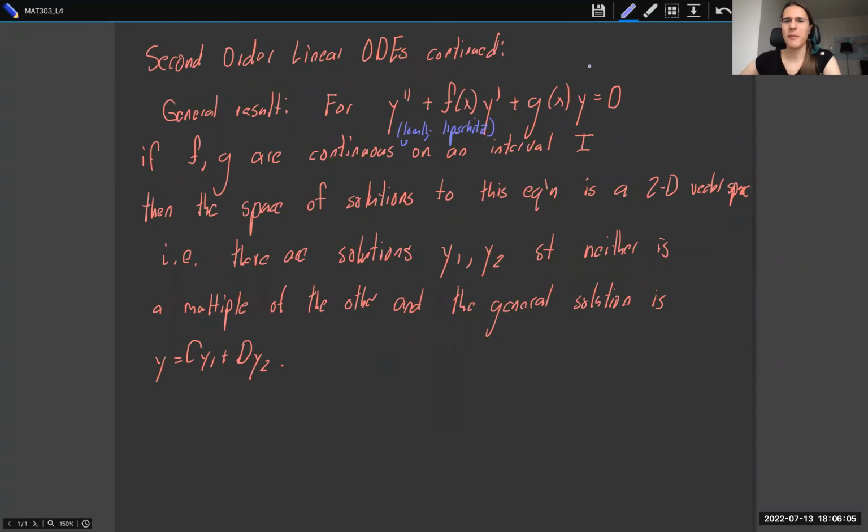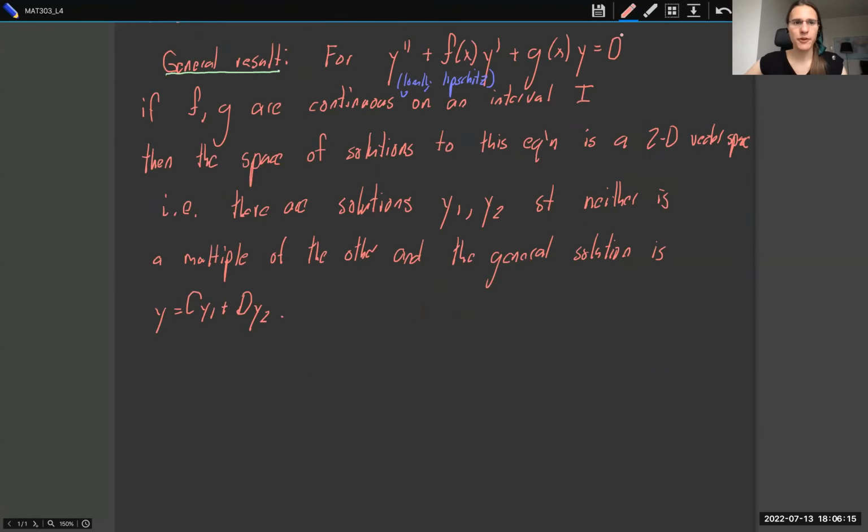But you can ignore that hypothesis. This is a technical thing. Okay, so with respect to this cool general result, which I'm just going to quote, does anyone have any questions about what that general result means?